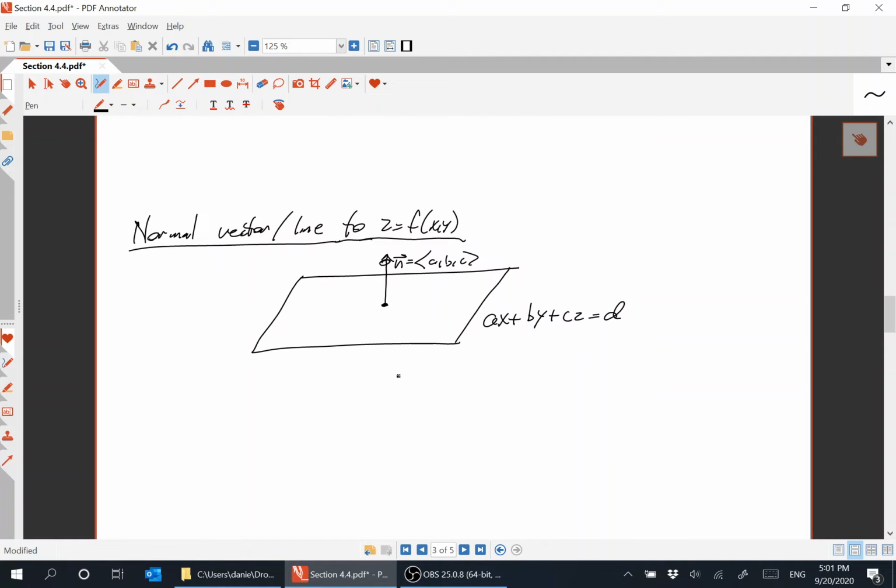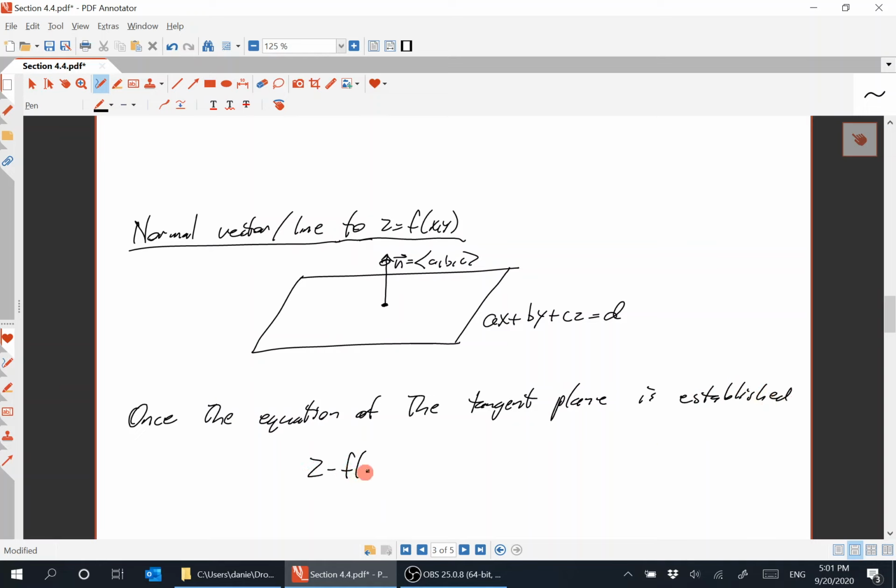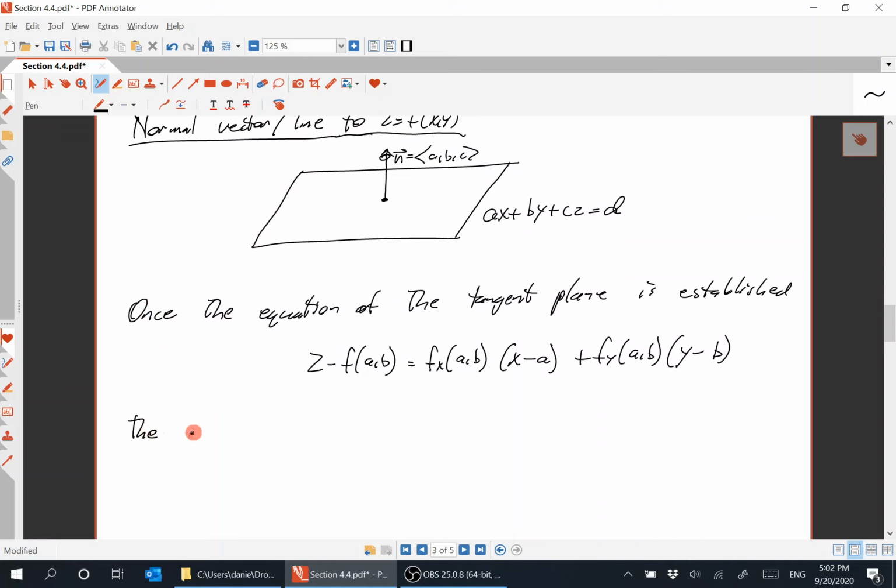So once you get these partial derivatives and the tangent plane is established, that's z minus f(a, b) equals fx at (a, b) times x minus a plus fy at (a, b) times y minus b. The normal vector is what?